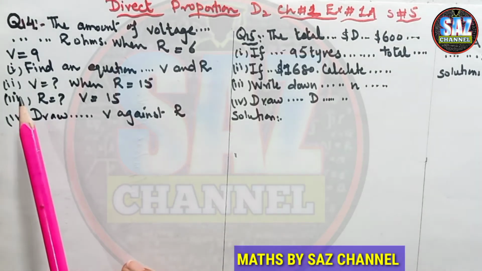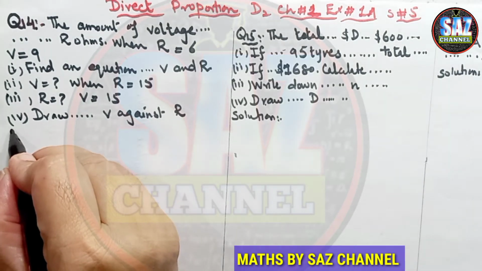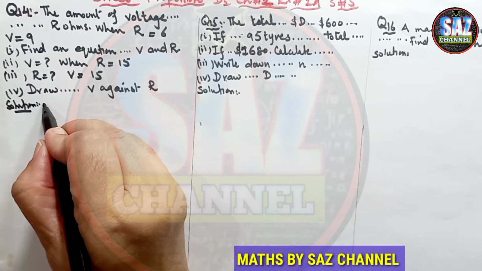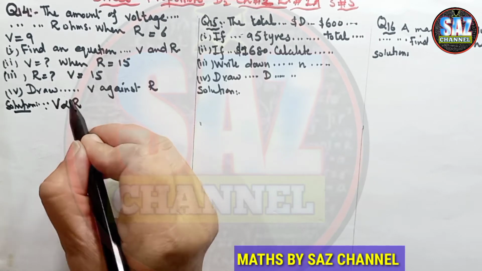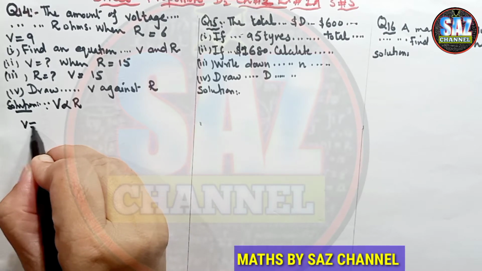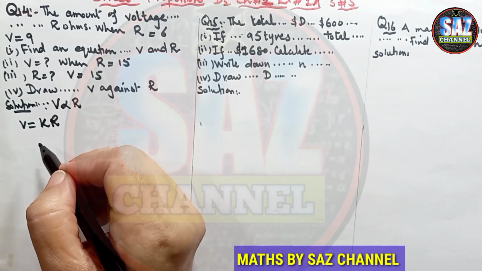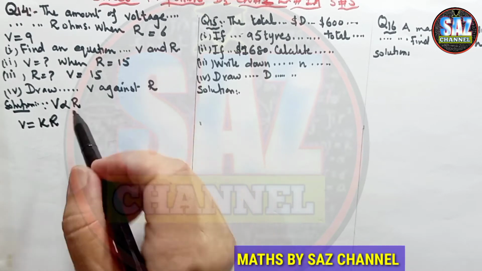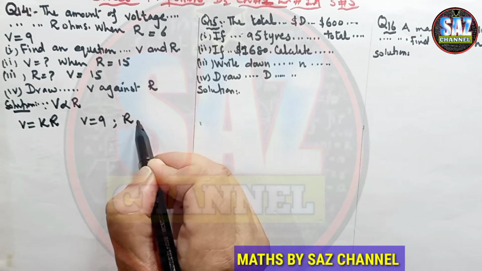As the two quantities V and R are in direct proportion to each other, first of all we have to write V is directly proportional to R, and V equals K times R. In order to get the value of this constant of variation, there is the condition given that R equals 6 when V equals 9.